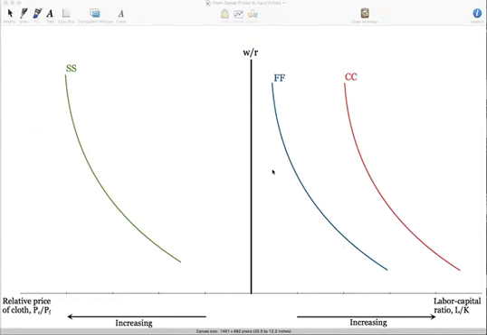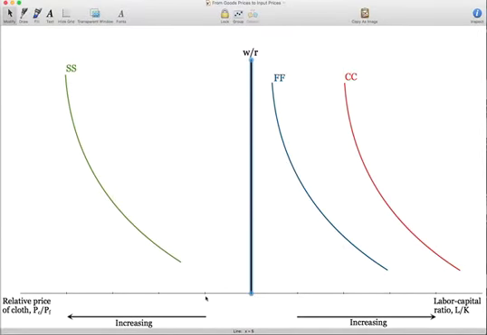So let me just give you a quick review of this information that we have here. The first thing I want you to realize is that you should not think of this strictly as being the origin. When we move from the right of this, we are increasing, but when we're moving to the left of this, we are also increasing. So to the right of this, it's an increasing labor to capital ratio.